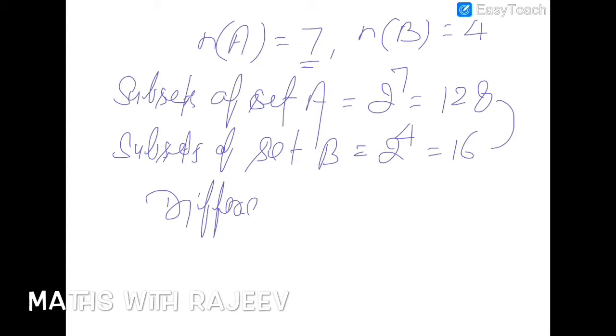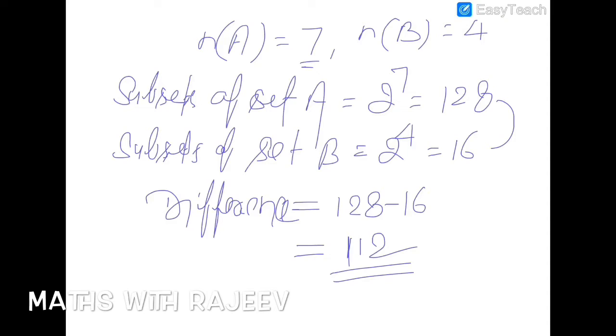The difference is equal to 128 minus 16, and that is equal to 112. See, hence you can say this is the right answer. So this was the complete solution of this very important question.